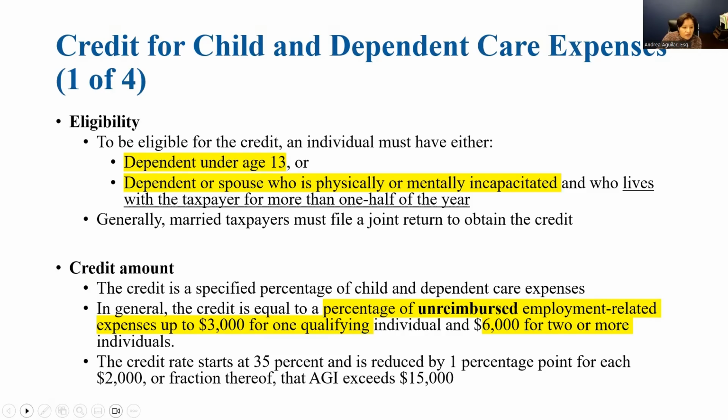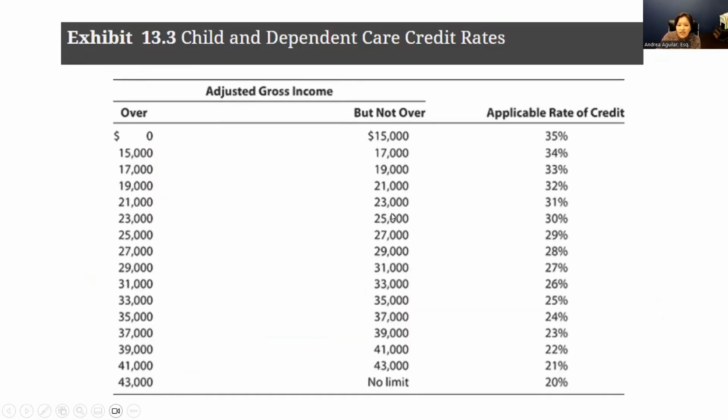So let's look at the table. So here's the table. If you're making $0 but not more than $15,000, then your applicable rate would be 35%. So 35% of your expenses can be claimed as a credit. And the rates will decrease as you make more income.